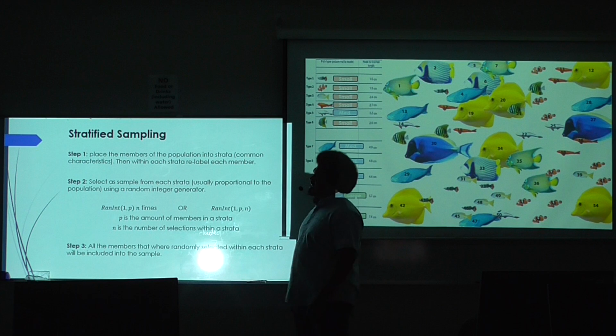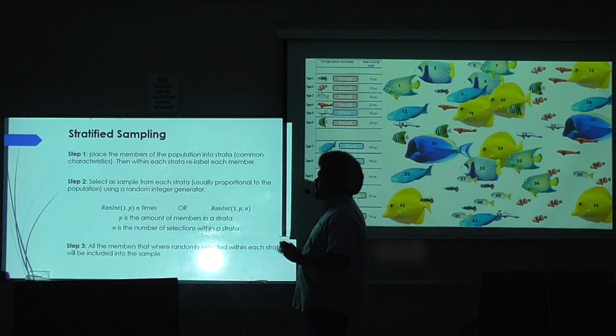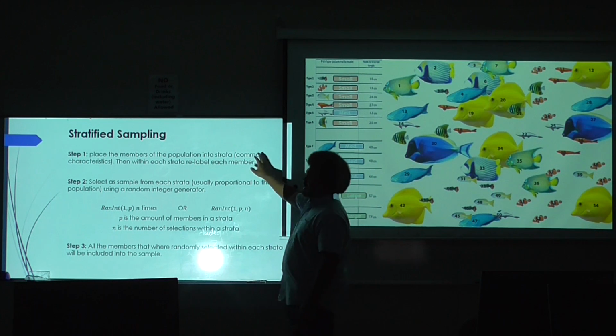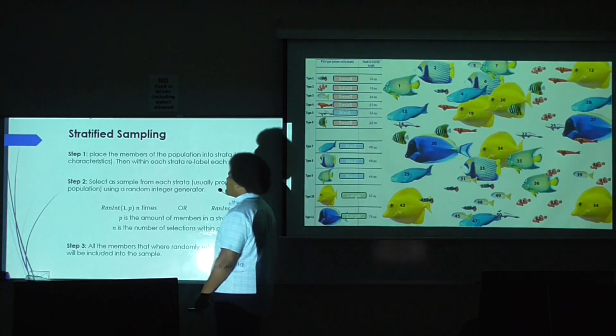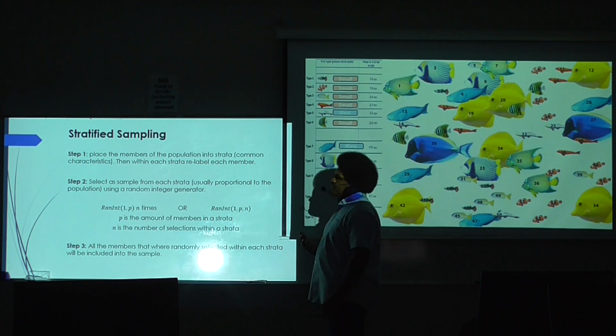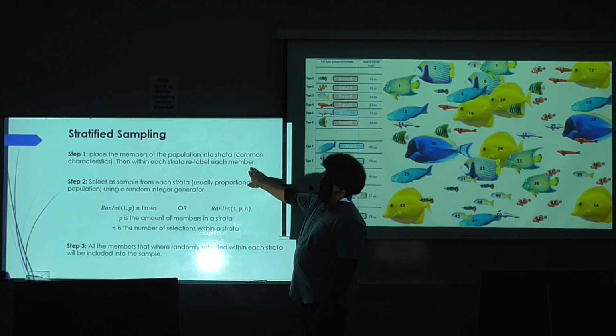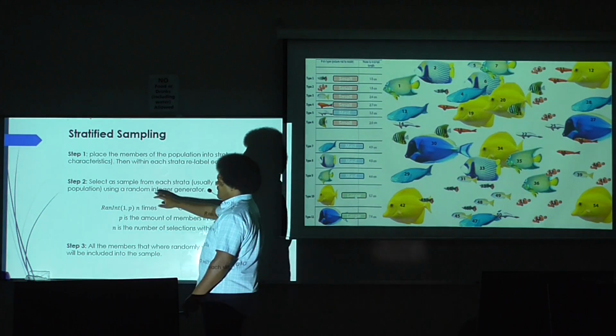So the first step for stratified sampling is placing members of the population into strata. The strata are groups that have common traits. Then within each strata, relabel each member, so that I can do random sampling within there using the generator.